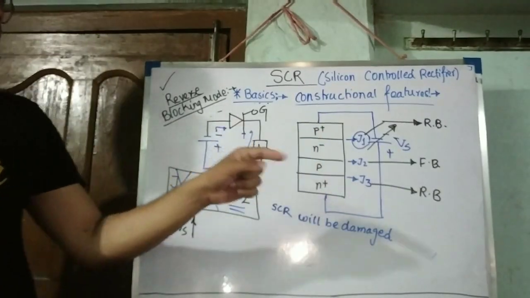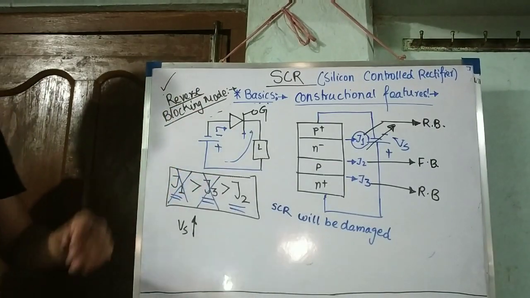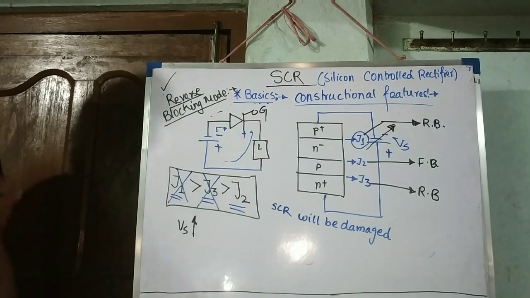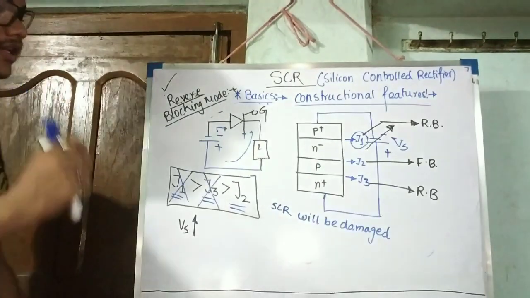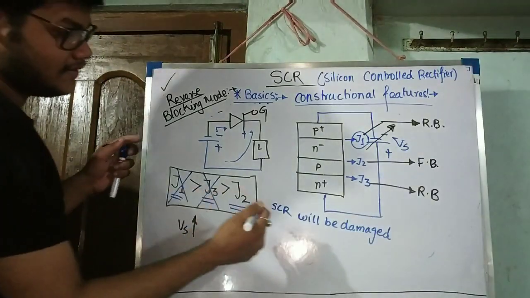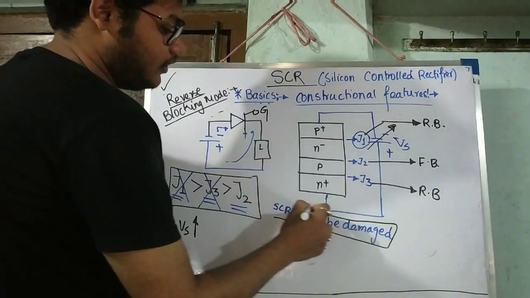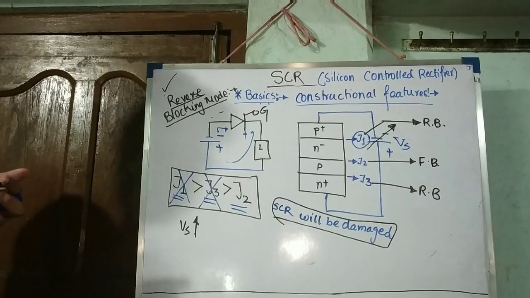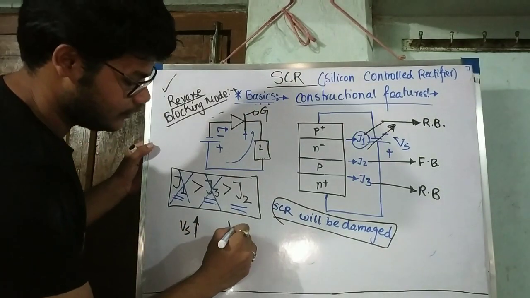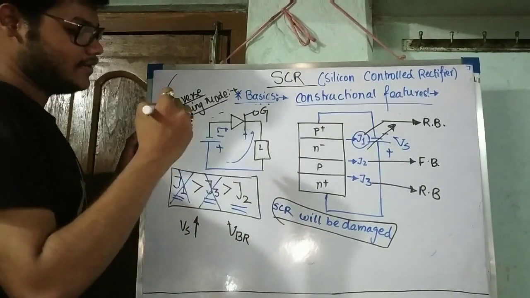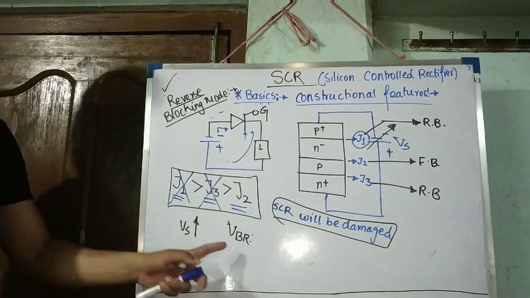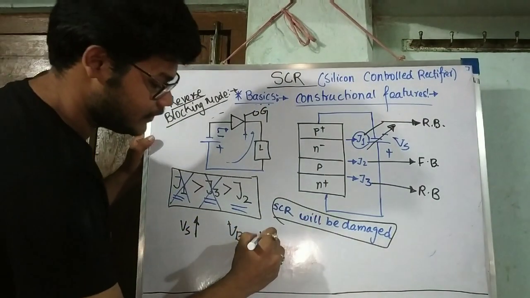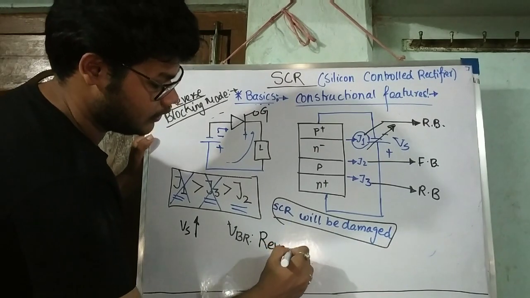So these two broken junctions and your forward biased J2 will start conducting current in the reverse direction, which will lead to the SCR being damaged. So there is a certain voltage which we will see in the VI characteristics, that is VBR, the reverse breakdown voltage.